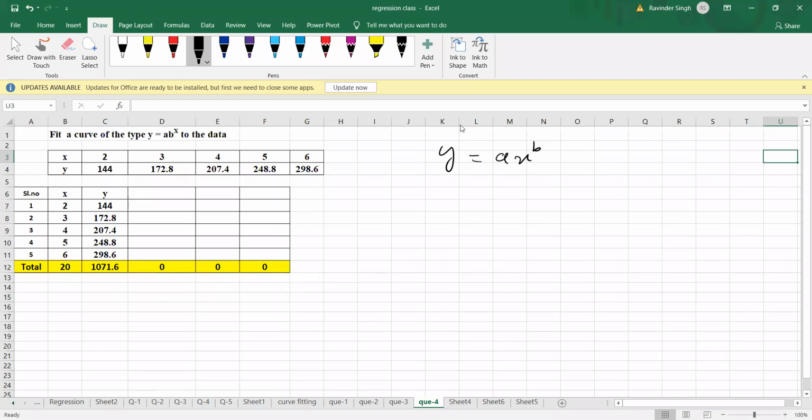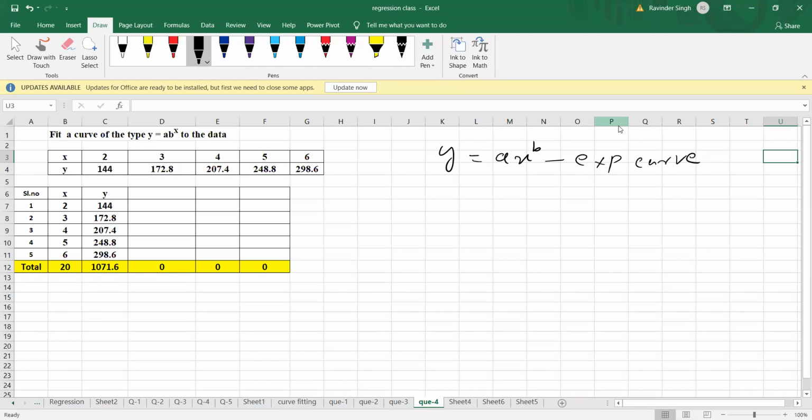But in general, we have a lot of other exponential curves like y is equal to ab power of x, y is equal to a x power b power of x, and so many other curves. But in your syllabus, only one exponential curve we are doing, which is y is equal to ax power of b. This is the exponential curve which we want to fit.